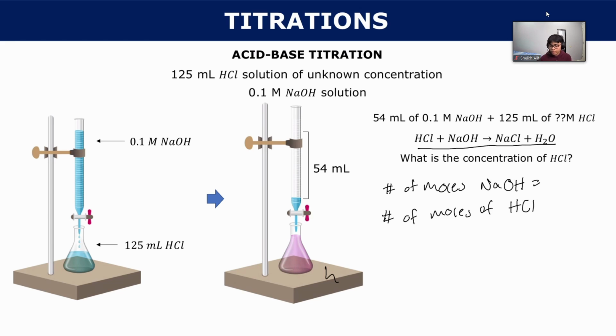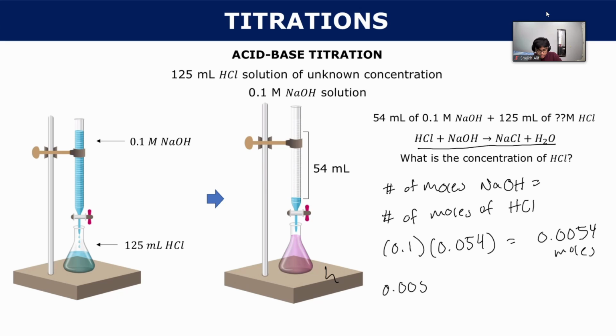We need 54 mL of 0.1 molar NaOH, so 0.1 times 0.054, which is about 0.0054 moles. Since the moles of each are the same, we have 0.0054 moles of hydrochloric acid.